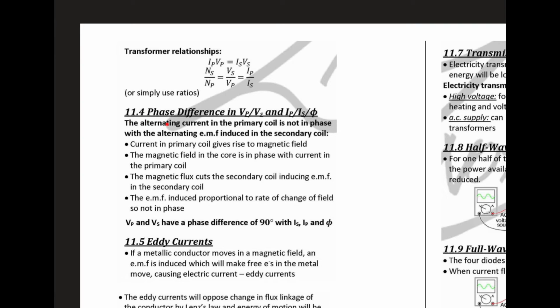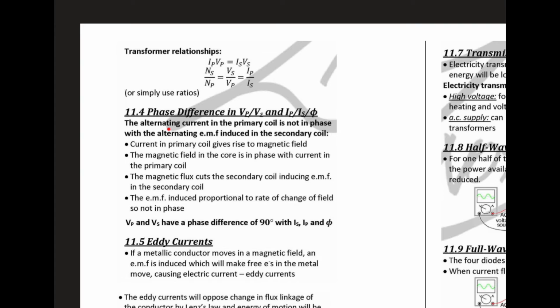The alternating current in the primary coil is not in phase with the alternating EMF induced in the secondary coil. It's not in phase.